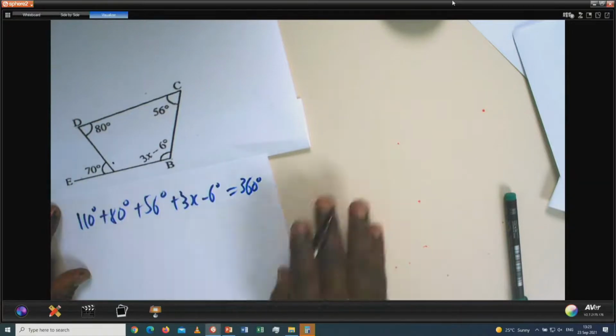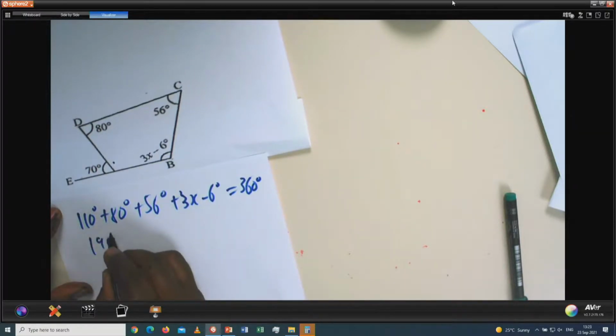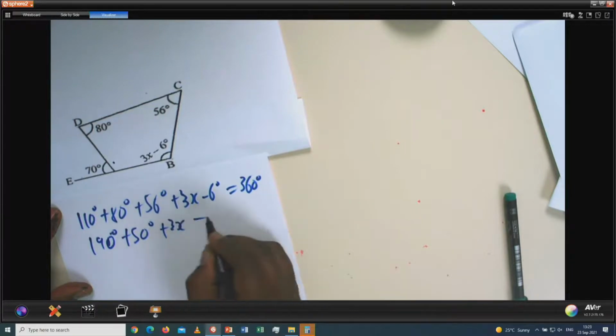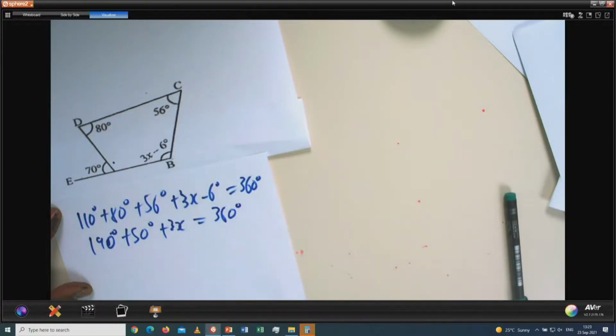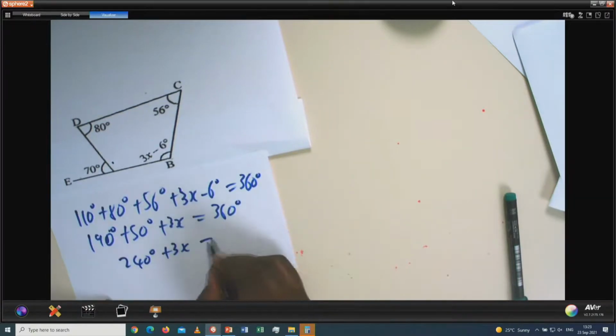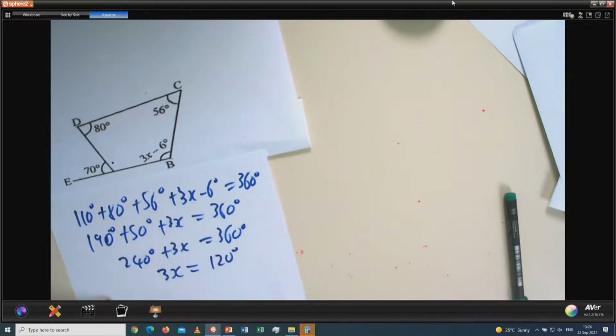When you add all angles of a quadrilateral, they give you 360. 110 plus 80, 190 degrees. 56 minus 6, 50 degrees plus 3x equals 360. 190 plus 50 is 240 degrees plus 3x equals 360 degrees. 3x equals 120 degrees.